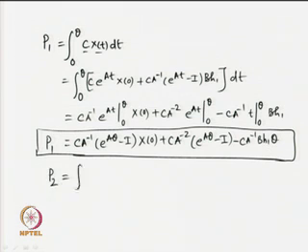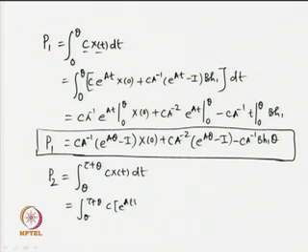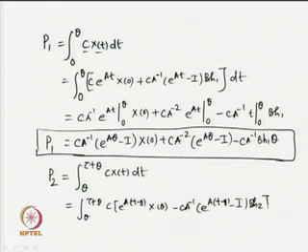P2 is the integral from theta to tau plus theta of c x(t) dt. Now, the correct expression for this time range when put in this expression gives us P2 as the integral from theta to tau plus theta of c e to the power a(t minus theta) x(theta), minus c a inverse, e to the power a(t minus theta) minus I, b h2, dt.